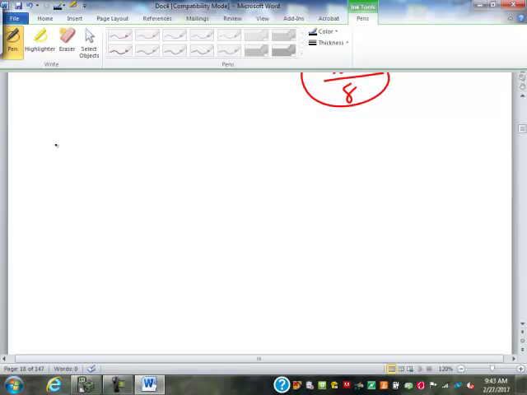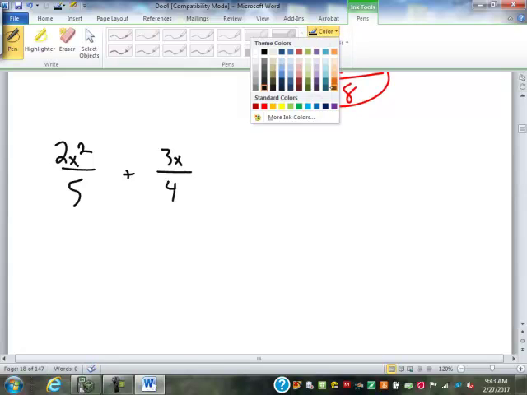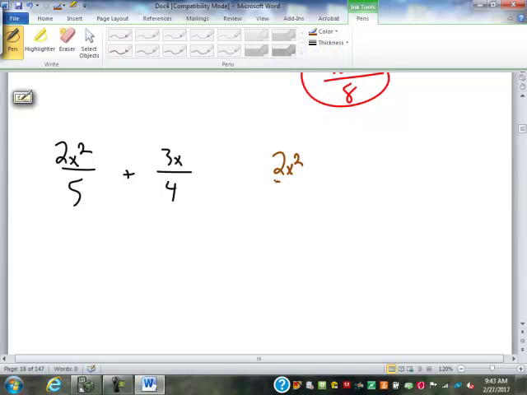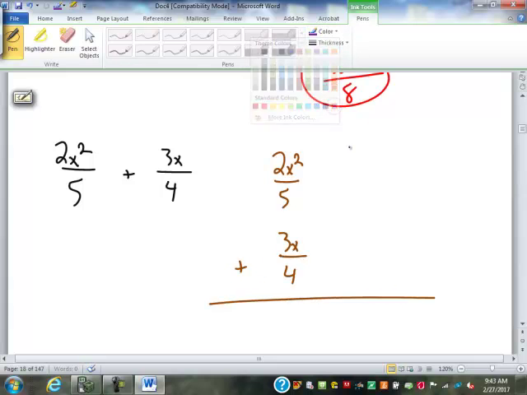Or we might have 2x squared over 5 plus 3x over 4. And we are adding. What's our common denominator going to be? 20. So now it's 5 times what to make 20? 4. So I have to multiply the top by 4.